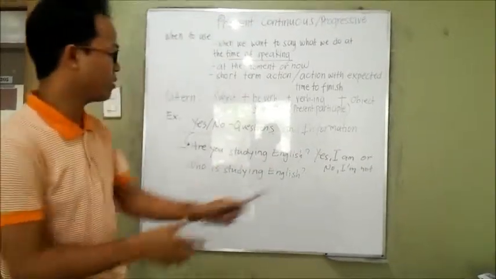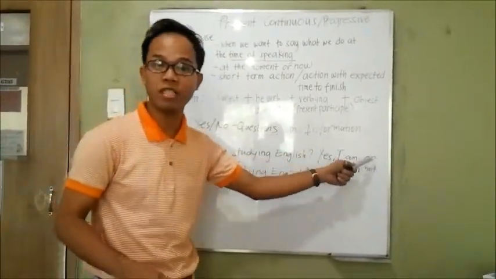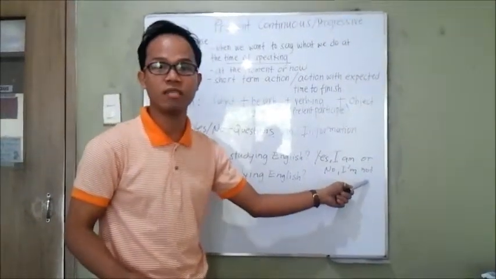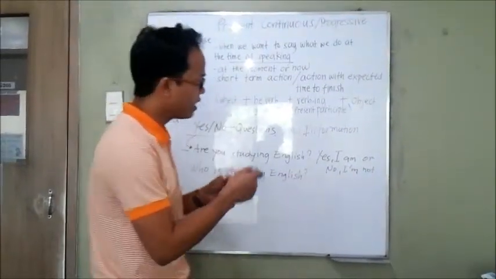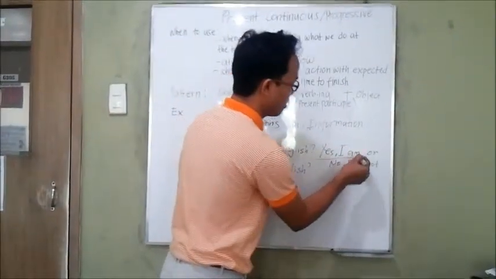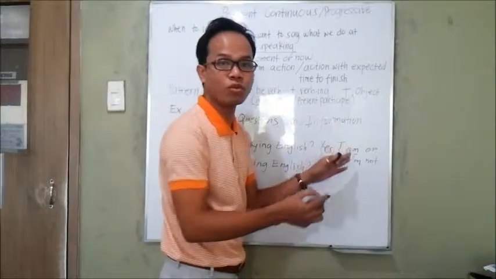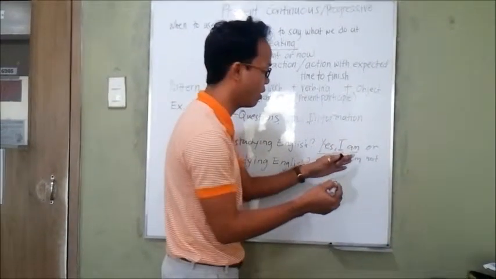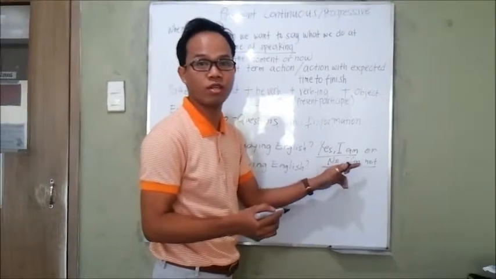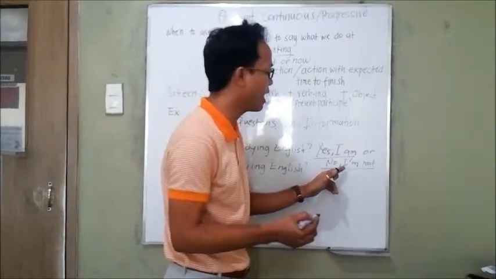This can be answered by yes, I am, a positive answer, and no, I'm not, the negative one. In a short answer, you have to write everything in full. Don't contract, because that is wrong. However, in a negative answer, you can contract in a shortened way. So, yes, I am, or no, I am not.